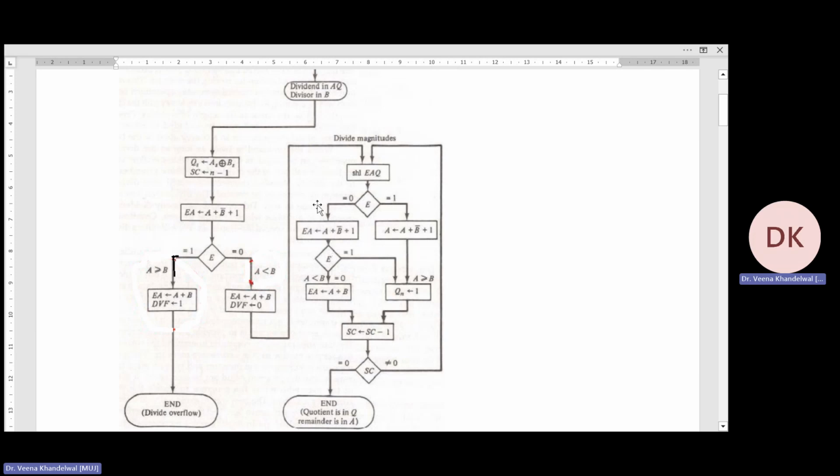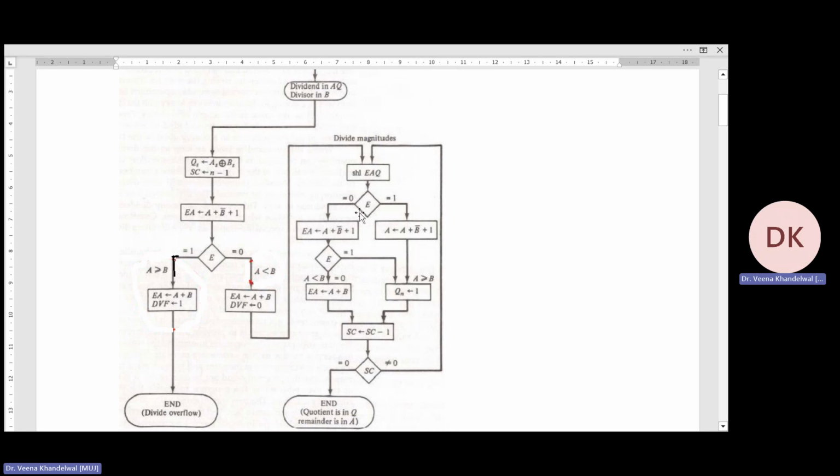Now, if after performing the shift left the value of E is 0, and once again when we compute A plus B complement plus 1 we get the value of E equal to 1, then that means the second time we are getting E equal to 1. Then this shows that A is greater than or equal to B.